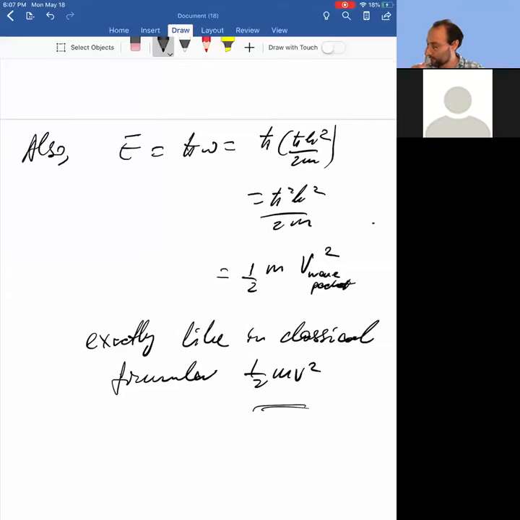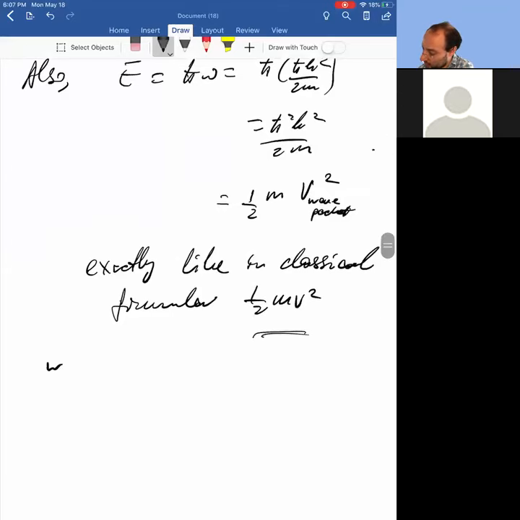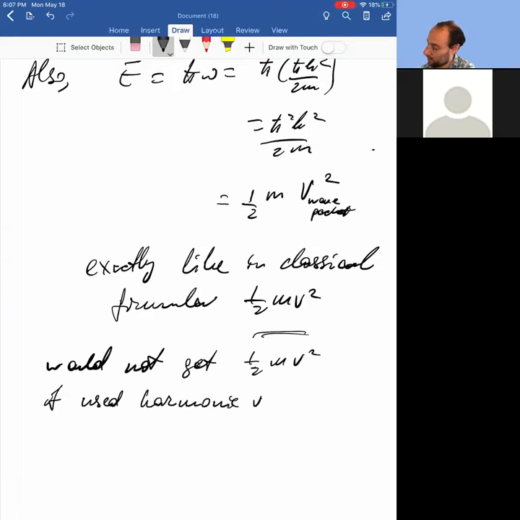So you would not get 1/2 mv squared if you use the harmonic velocity. You would not get 1/2 m v harmonic squared if you substitute the harmonic velocity.